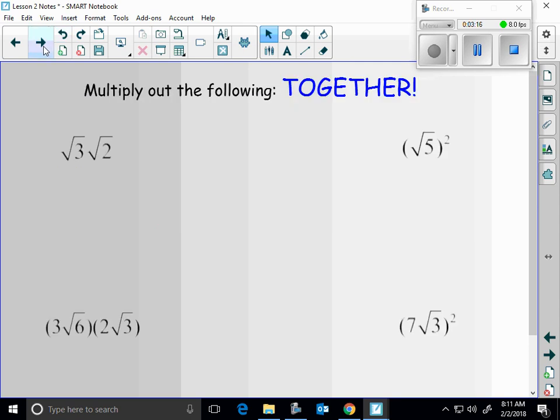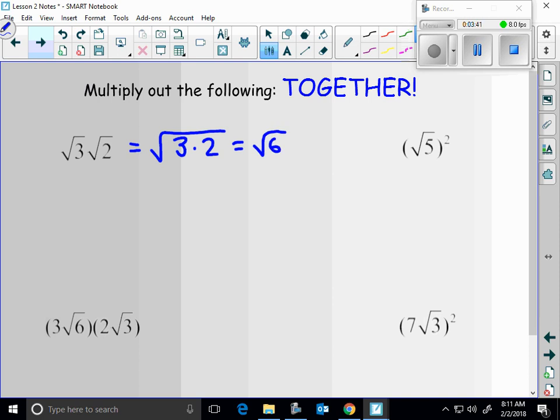Okay, multiplication. Multiplication is our friend. It can come in many forms, but multiplication is probably the easiest of the operations. If I want to take the square root of 3 times the square root of 2, I can bring those both under the same radical and multiply. Done.